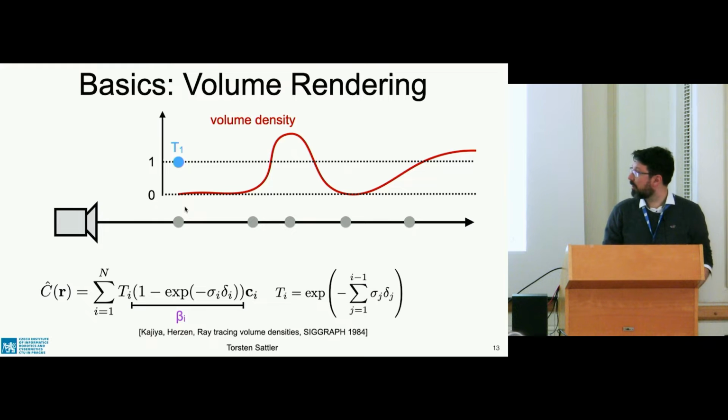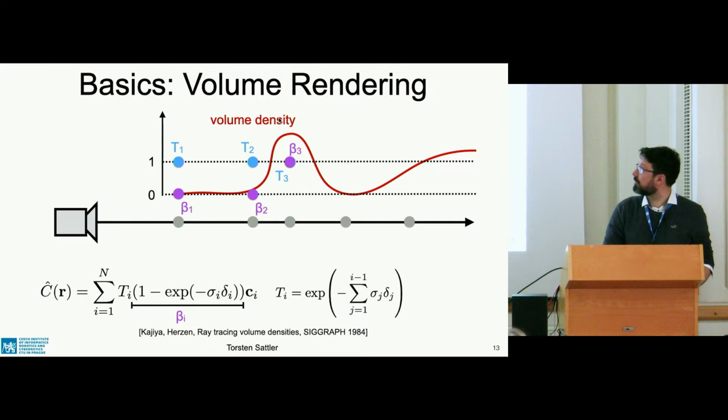Since we are far away from high volume density, this part is 0, so this part becomes 0 as well. As we approach the volume density, the T_i term stays close to 1 because we haven't seen any reasonable volume density before. As we hit the peak, the T_i term is still 1 because none of the samples before had any density.